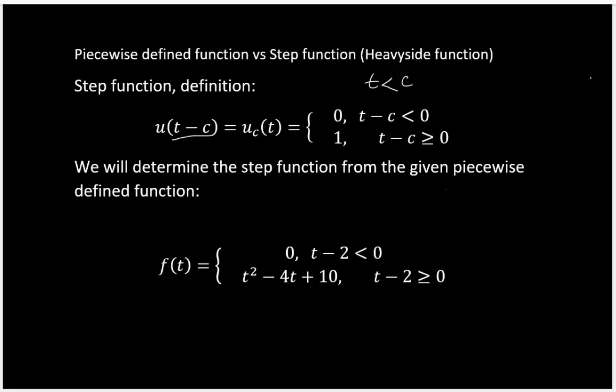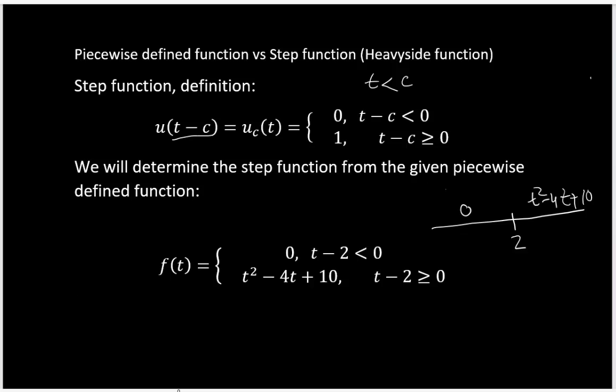So let us go to the next step for f(t). The same way we produce the values here. t is less than 2, so put a 2 here, and t greater or equal to 2. Then the right side, when t is greater or equal to 2, we have t² - 4t + 10, and this side has 0.